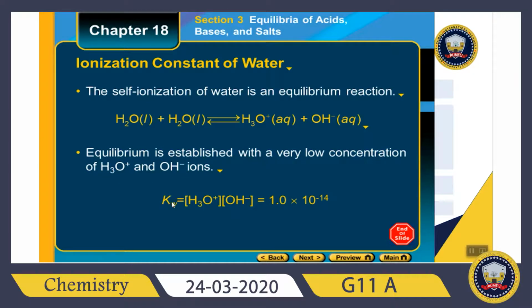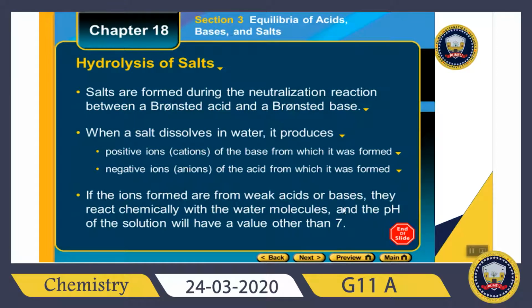So now Kw equals the concentration of the hydronium ion times the concentration of hydroxide ion, which equals this value as mentioned before. Before we explain this slide, we have to review the next slide.